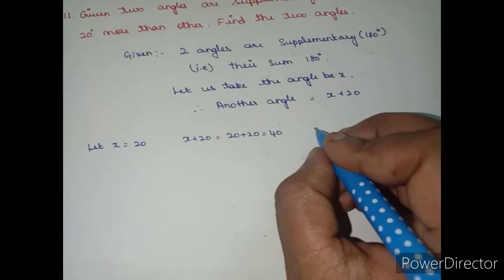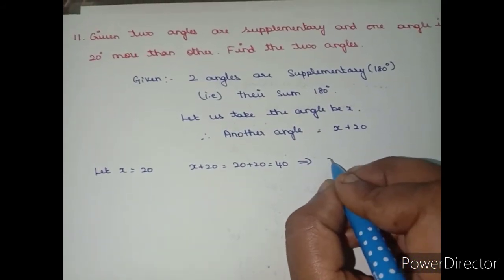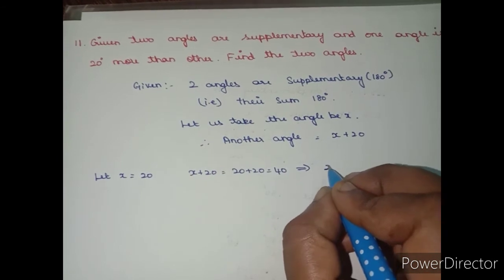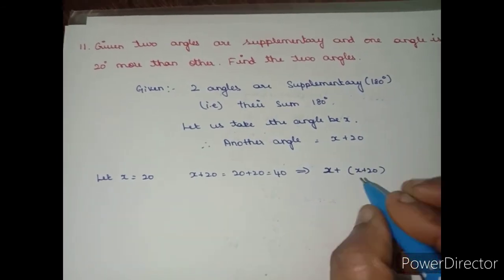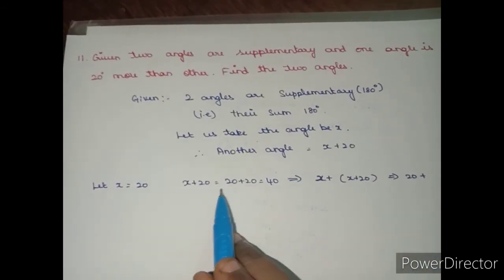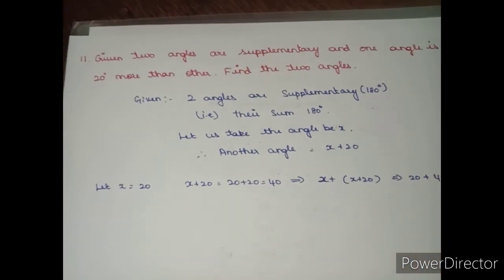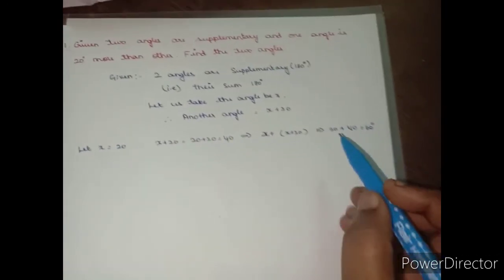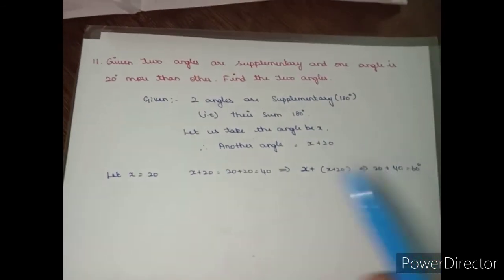Next is x plus 20. That is 20 plus what we have found here, 40, 60 degree. So we have got 40 and 60. So 40 and 60 is just 100. It is not coming to 180.